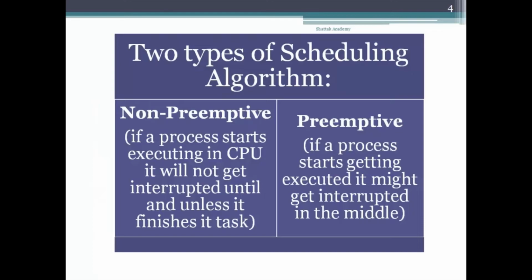So even if a high priority process comes by, it won't be interrupted. But in preemptive, it might get interrupted in the middle, so that a high priority process or whatever the algorithm is, according to that, it might get preempted. So these are the two types of scheduling algorithm we use.